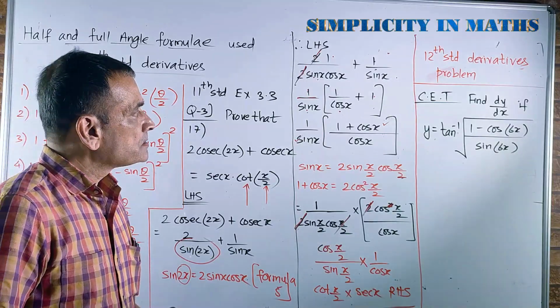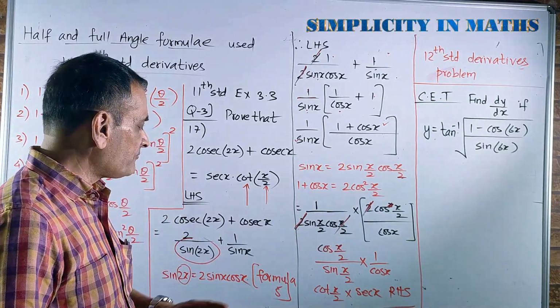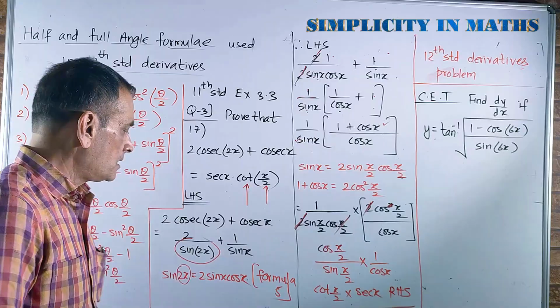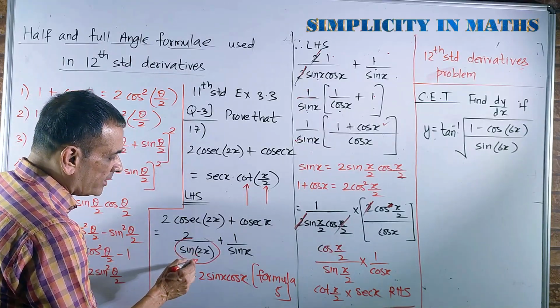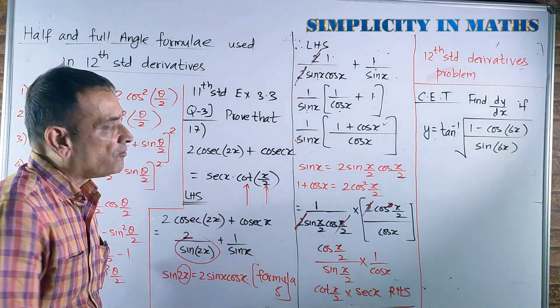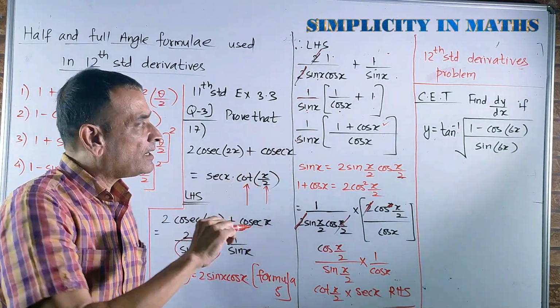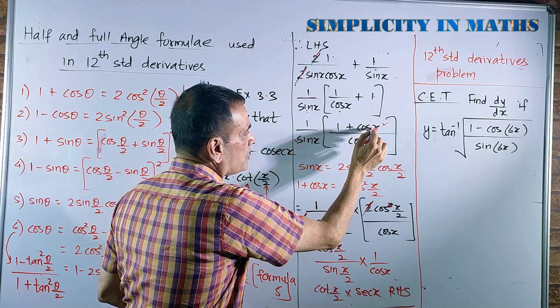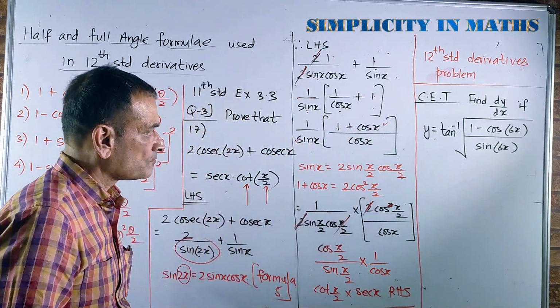Right? So the important thing was, after converting into sin and cos, we use the formula for sin 2x. 2 sin x cos x. Cancel 2. 1 upon sin x common निकालने के बाद we use the formula for 1 plus cos x and sin x again.